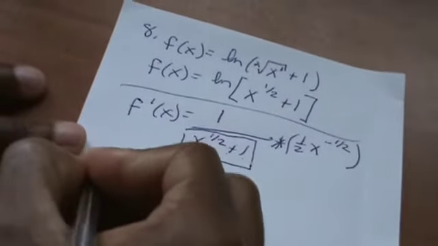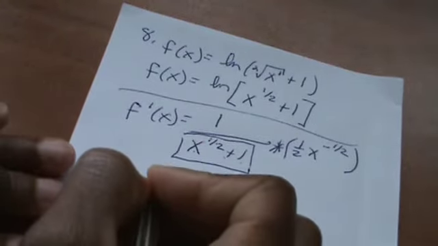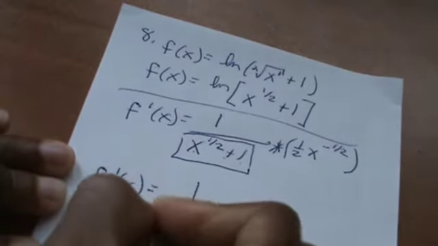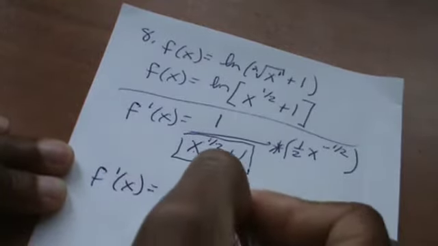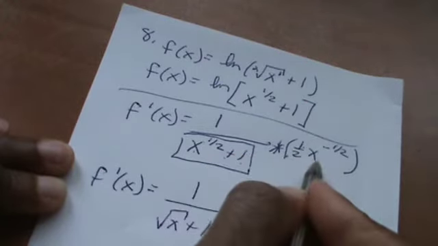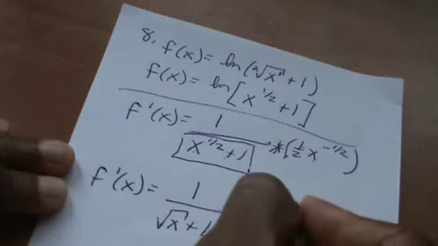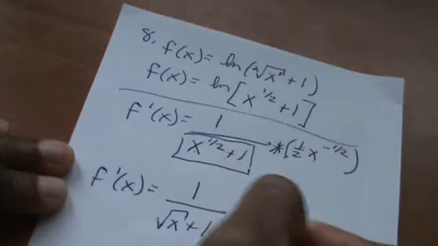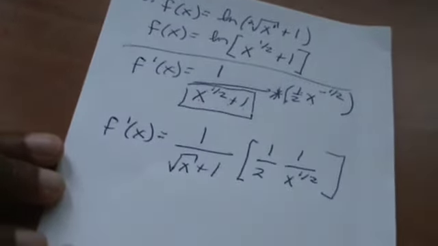Okay, so then f prime of x, right? It wouldn't be a bad idea to rewrite. So 1 over the square root of x plus 1. And then this piece over here, let's see, 1 over 2. And then this x has to go on the denominator because of that negative power. So 1 over x to the 1/2 power. So obviously I'm doing this in steps.